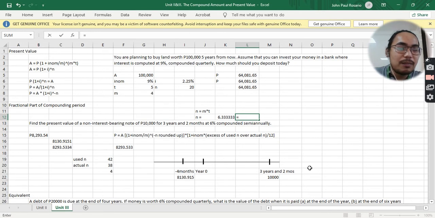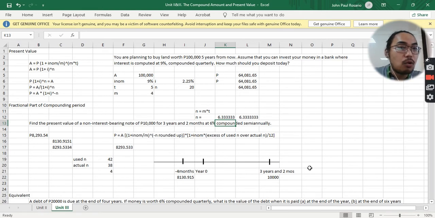How many months are there? 3 years times 12 months plus 2, divided by 6 months per semi-annual. That should give you a total compounding period of 6.33. So there is a fractional part of a compounding period.